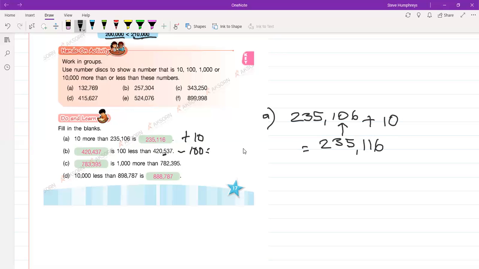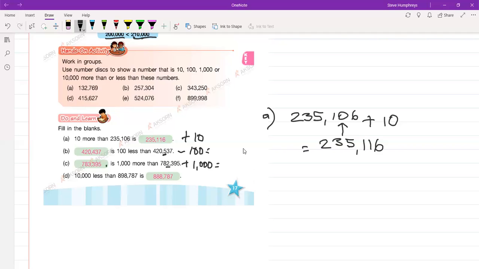Okay, C, what number is 1,000 more than 782,395? You're going to add 1,000. 2, there's your thousands place. You're going to add 1,000 to that number and write it in here.